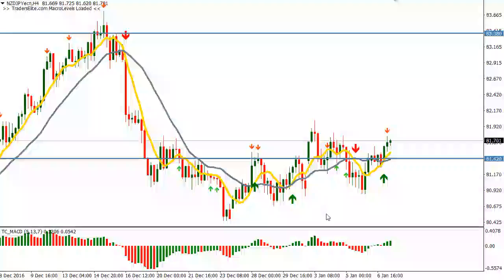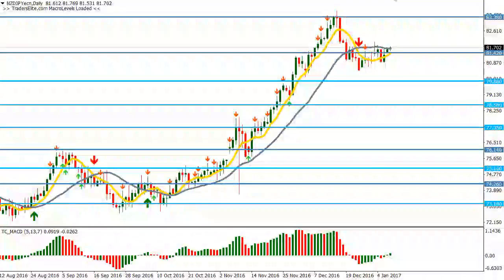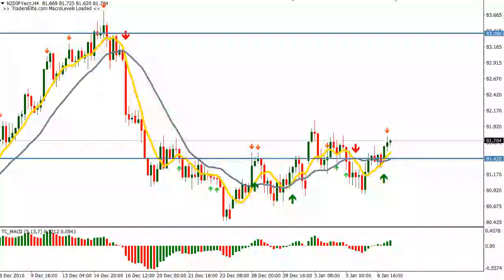Okay, Kiwi yen. This is an interesting one too. Upward on the weekly, certainly an upward swing, possible upward trend, and it's got a lot of push behind it, and new upward on the 4 hour. So it could be a good opportunity as well. Small stop loss.